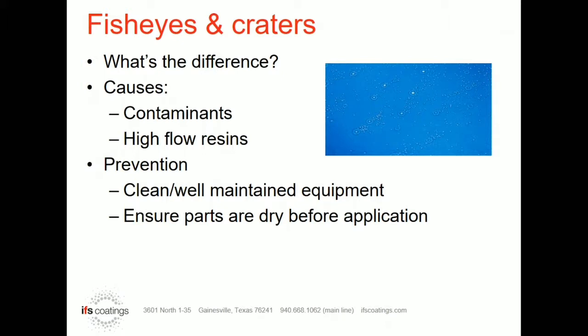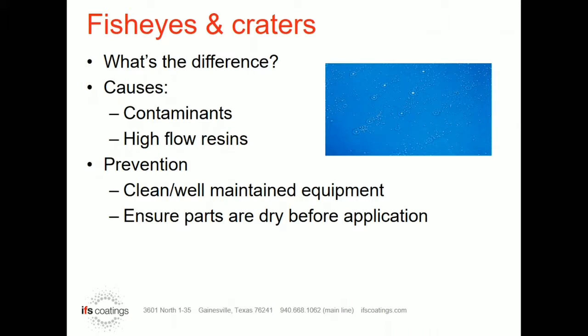The coating has moved until you can see the substrate. And a crater would be where the coating has tried to move, but it didn't go all the way to substrate. So you might just see a dip, exactly what it's called, a crater in the surface, but it does not go all the way to substrate.